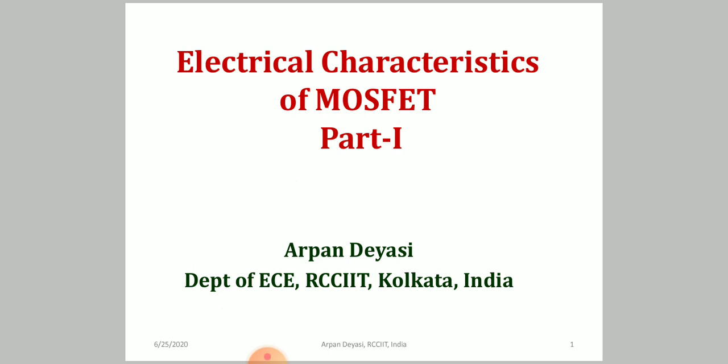Then I moved towards the electrical characteristics of the MOS capacitor, discussed in lecture 2 and lecture 3. In lecture 2, I discussed the charge potential profile of the MOS capacitor.